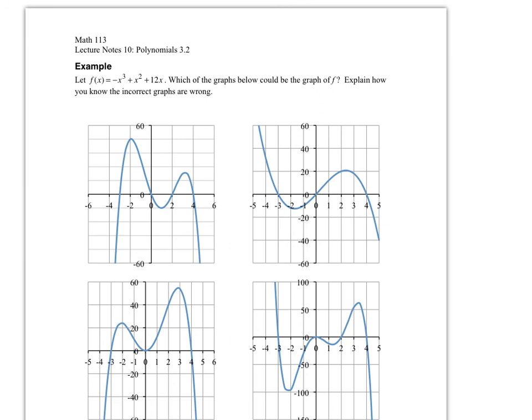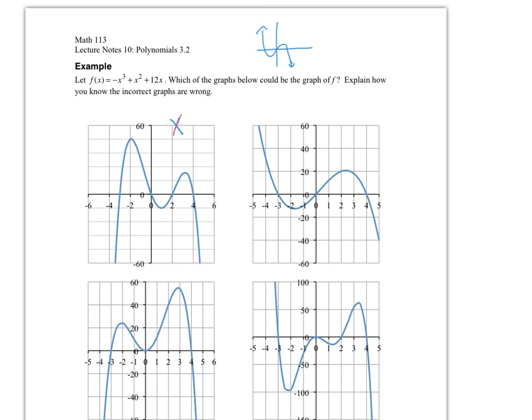Now again, the leading term here is minus x cubed, where the leading coefficient is negative. So therefore, the graph for this one is going to look something like this. Okay. So therefore, automatically, this one is done.